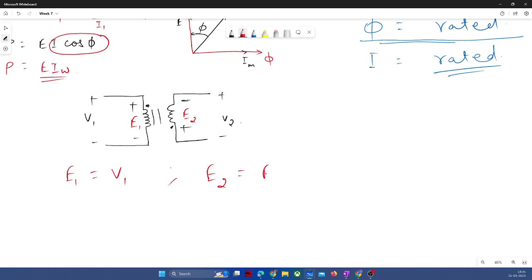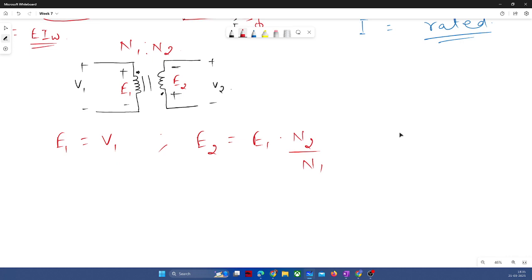E2 will be equal to E1 times N2 by N1, if N1 to N2 is the turns ratio here. Now V2 polarity is opposite of E2, so V2 will be equal to minus E2.